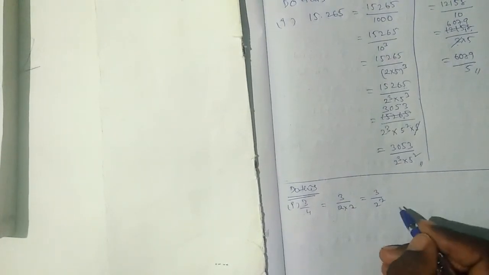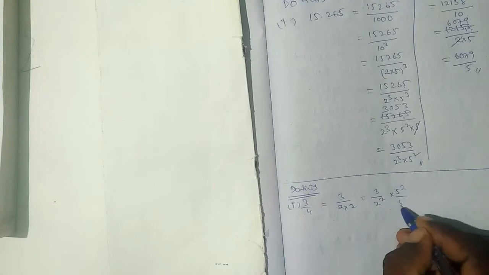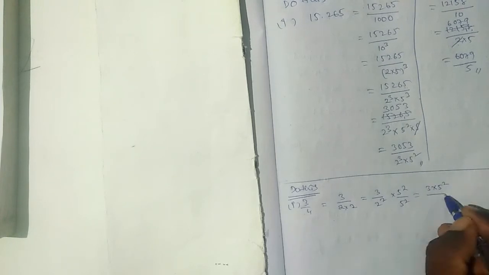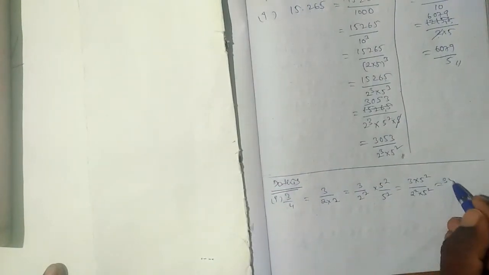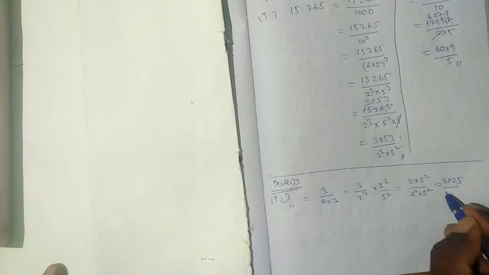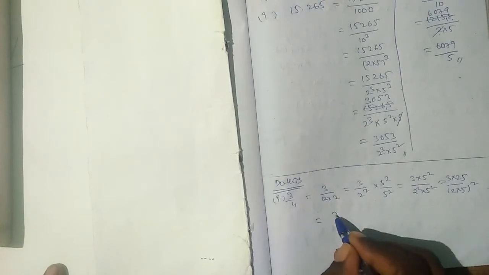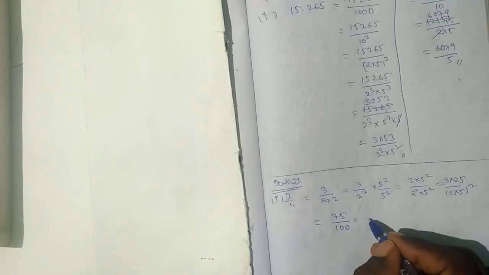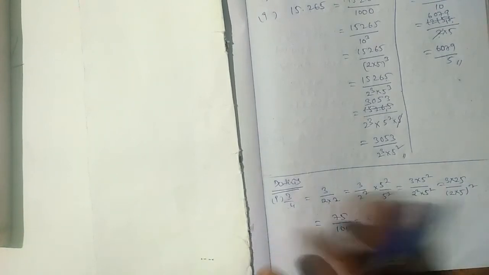Then I multiply numerator and denominator with 5 square. 3 into 5 square by 2 square into 5 square, which is equal to 3 into 25 by 2 into 5 whole square. So 75 by 100. So it is equal to 0.75. This is the answer.